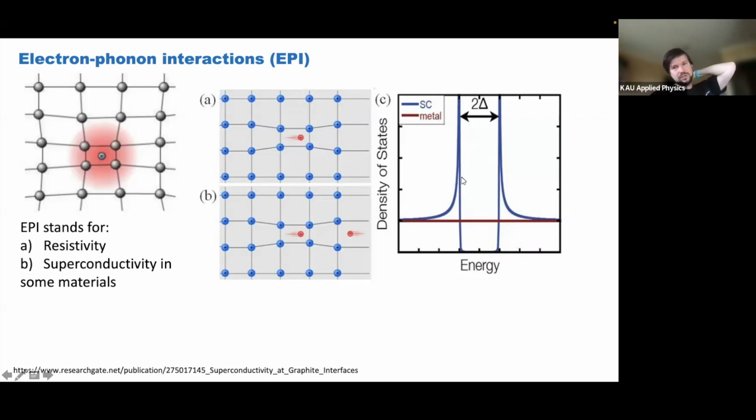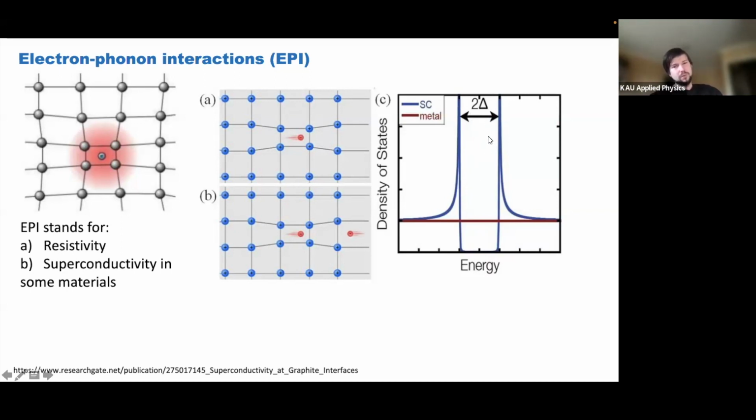How will we see it in the density of states? It's a schematic thing. For a metal, the density of states in this schematic spherical example in vacuum is constant. But when the metal goes into the superconductive state, we get two peaks near the Fermi level. As I understand, the Fermi level should be somewhere here in the center, and then we have this superconductive gap.